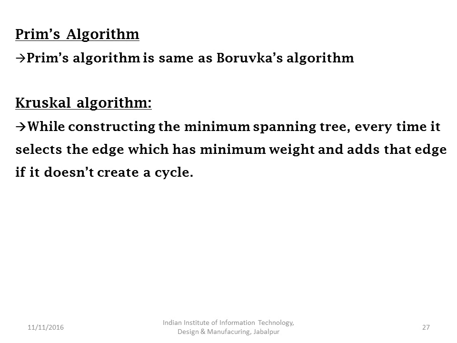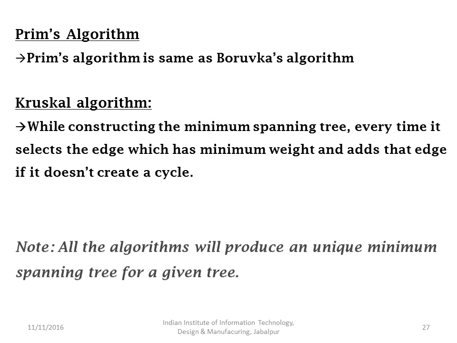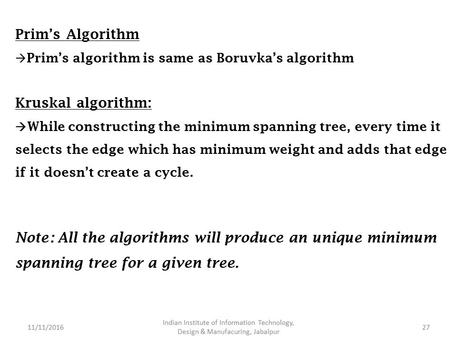So in Kruskal algorithm, we are selecting the edges that are having the minimum weight, and we are just checking for the condition whether that particular edge creates a cycle or not. And it has been found that all the algorithms will produce a unique minimum spanning tree.